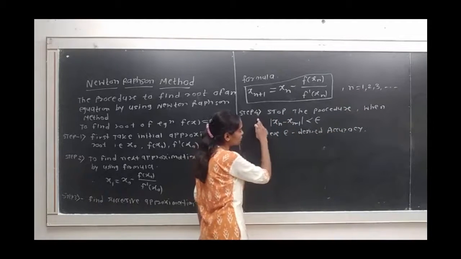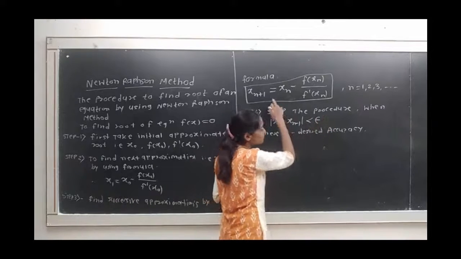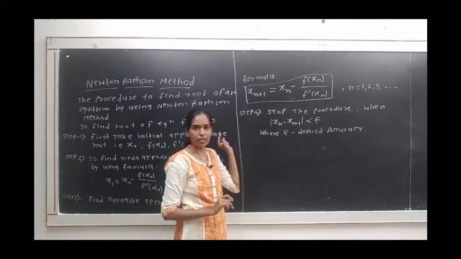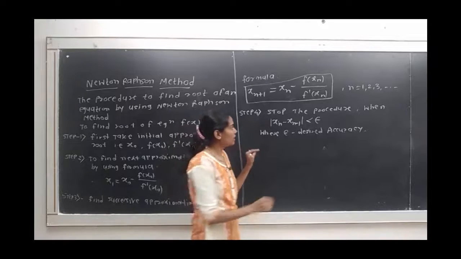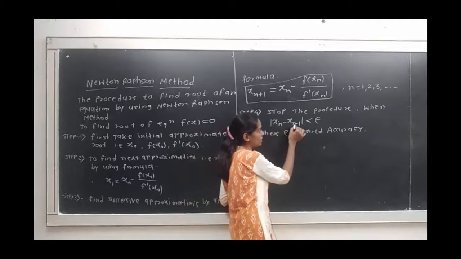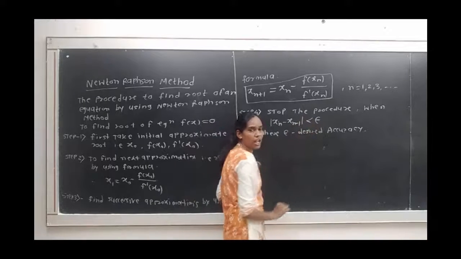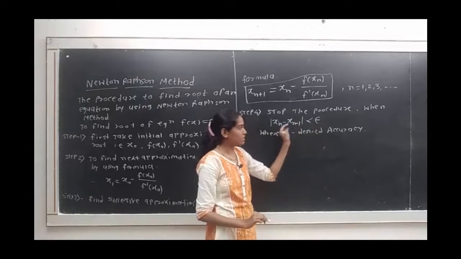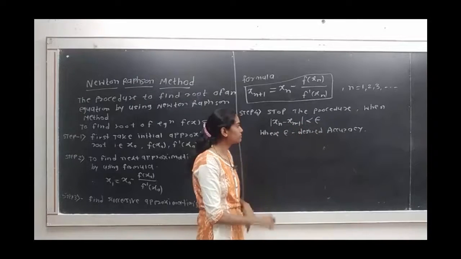And step 4, stop the procedure when mod of xn minus xn minus 1 is less than epsilon, where epsilon is the desired accuracy, a very small number.